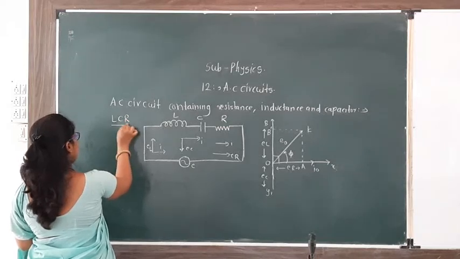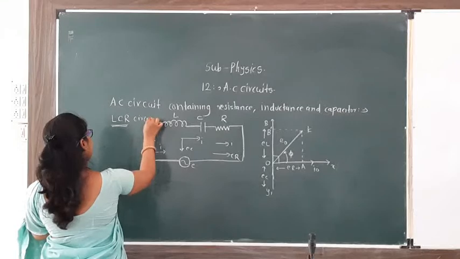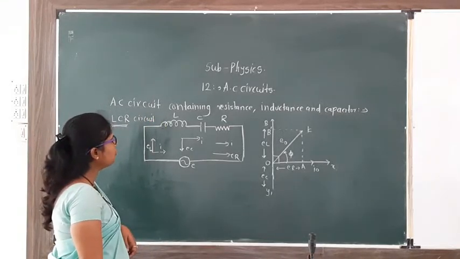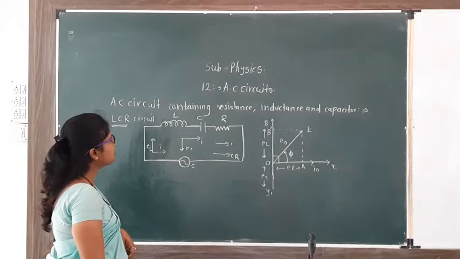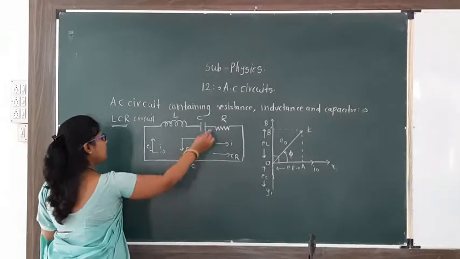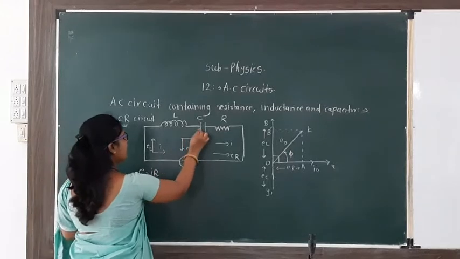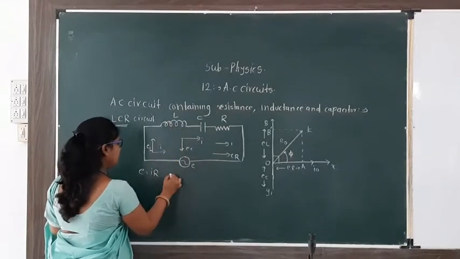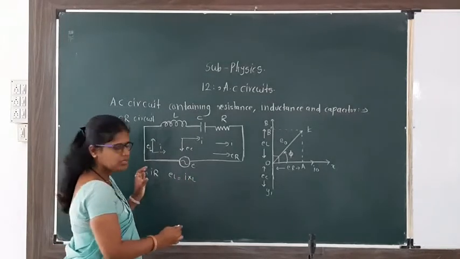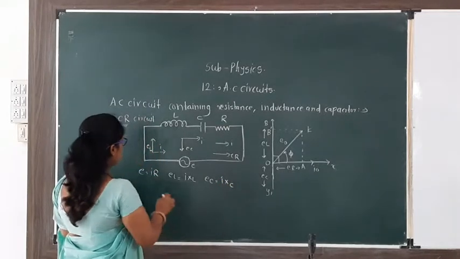This circuit is called the LCR circuit. Now we have to find the voltage across each element. The voltage across the resistance is equal to IR. The voltage across the inductor, EL, is equal to I XL. The voltage across the capacitor, EC, is equal to I XC.